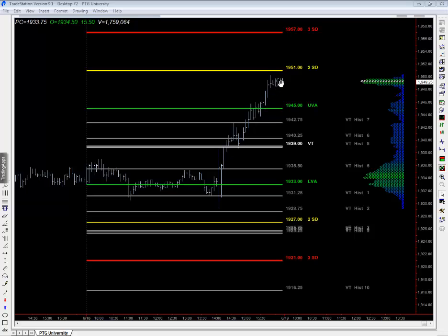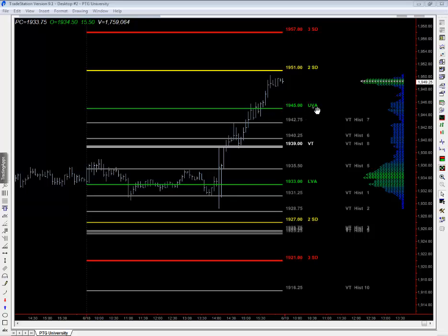So when prices exceed the upper value area, statistically speaking, it gets extended, and many times the markets can revert back to the mean. Again, there's no guarantee that it will, but if it does, it's usually going to happen near the 2 standard deviation level, because now we're talking 95% of all the volume between the upper standard deviation and lower standard deviation.